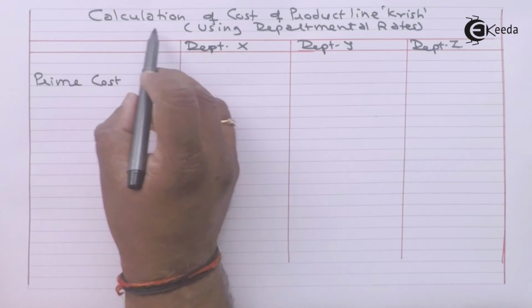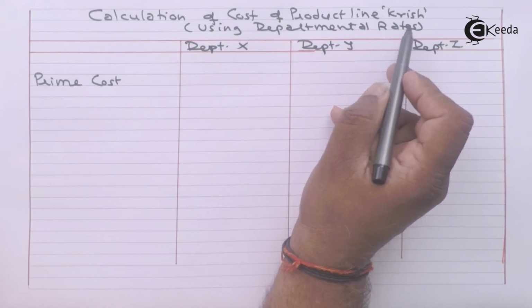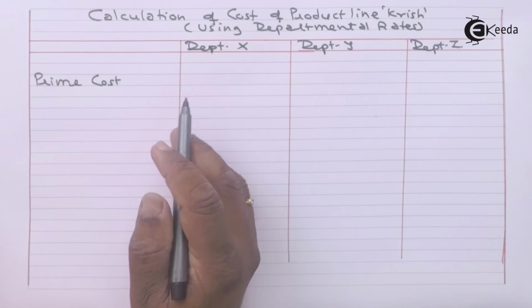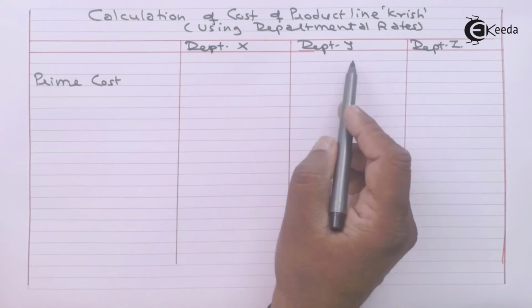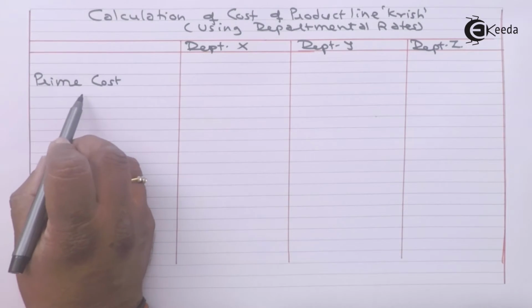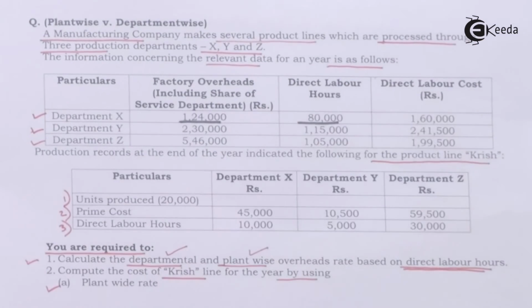Let us calculate now cost of product line Krish using departmental rates. Each column showing department X, Y, Z, and we are required to start with prime cost given in the question: 45,000, 10,500, 59,500.